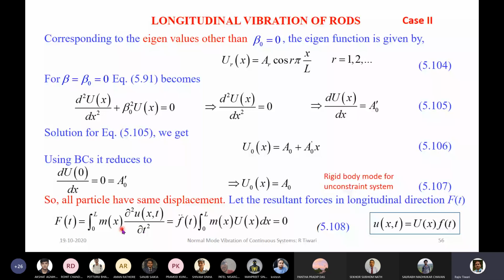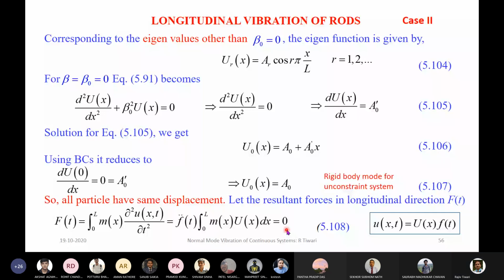So inertia force is m x double dot, the displacement's derivative with respect to time. So this is the acceleration term. And if we substitute the separation of variable expression here, we'll see that the f will take the derivative and it will come out, and this will be the expression because this time dependent term cannot be 0.